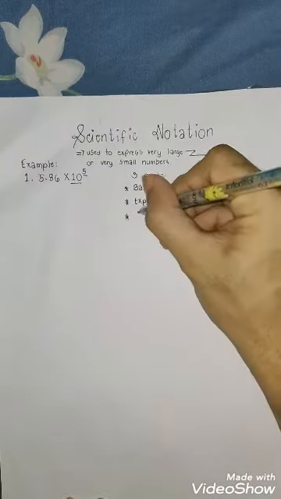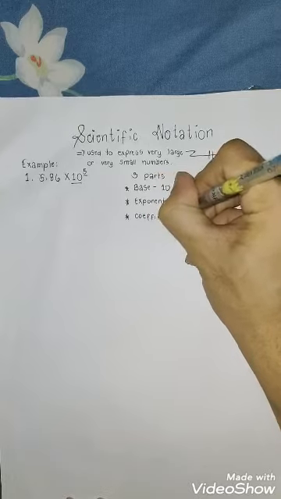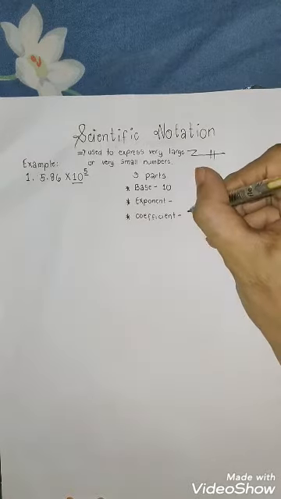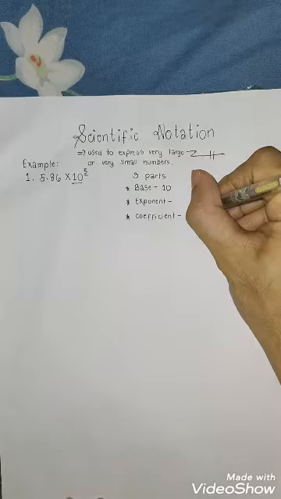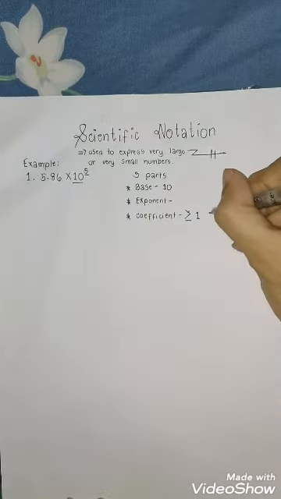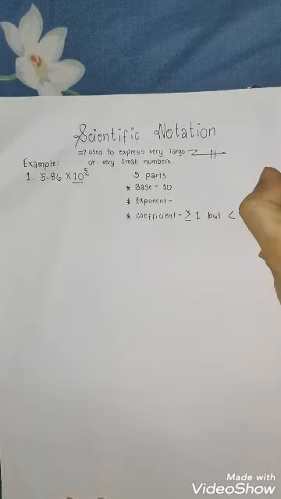Then the last one is the coefficient. When we say coefficient, these are the numbers before the base and the exponent which is greater than or equal to 1 but less than 10.